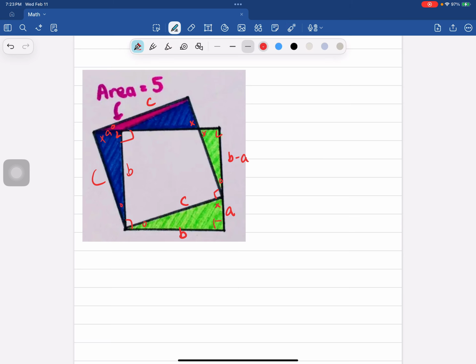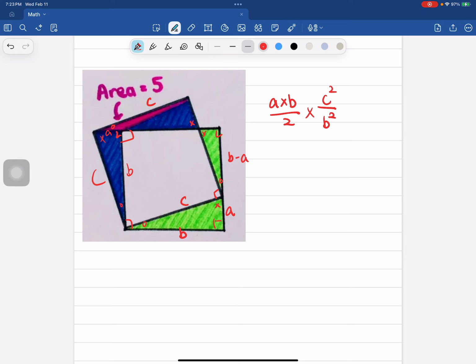And because we know they're all similar with each other, we can use that their area ratios equal their side ratios squared. So the area of this triangle should be A times B divided by 2, times B squared plus C squared over B squared.